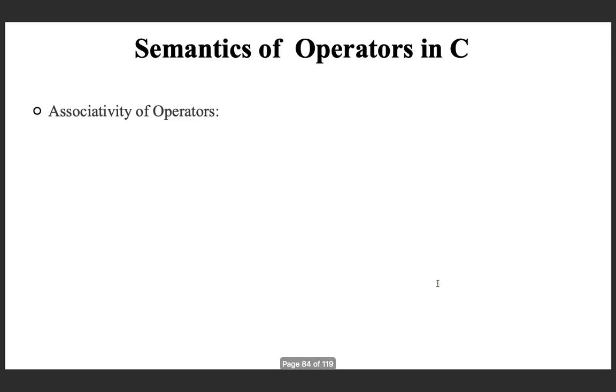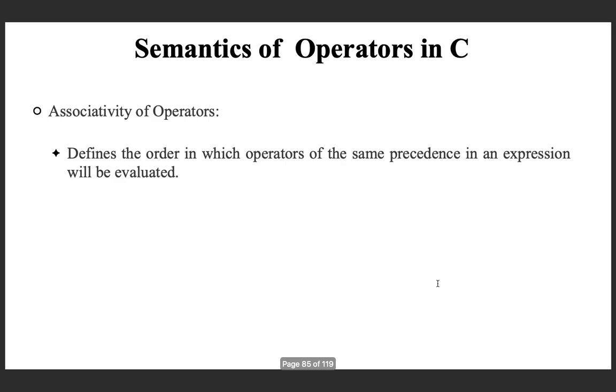So what we saw is associativity of operators, and what is it? It defines the order in which operators of the same precedence in an expression will be evaluated. And associativity can be either left to right or right to left. Later we can see what is the associativity for each category of operators.